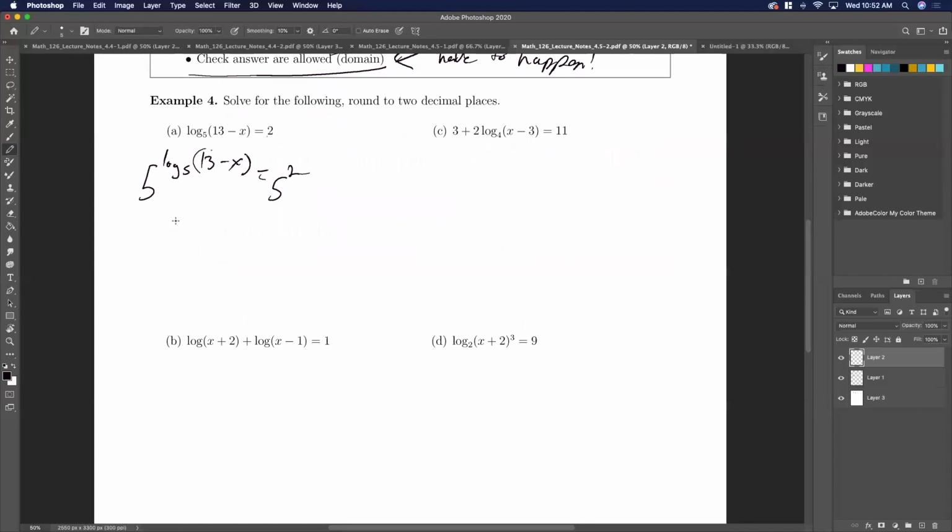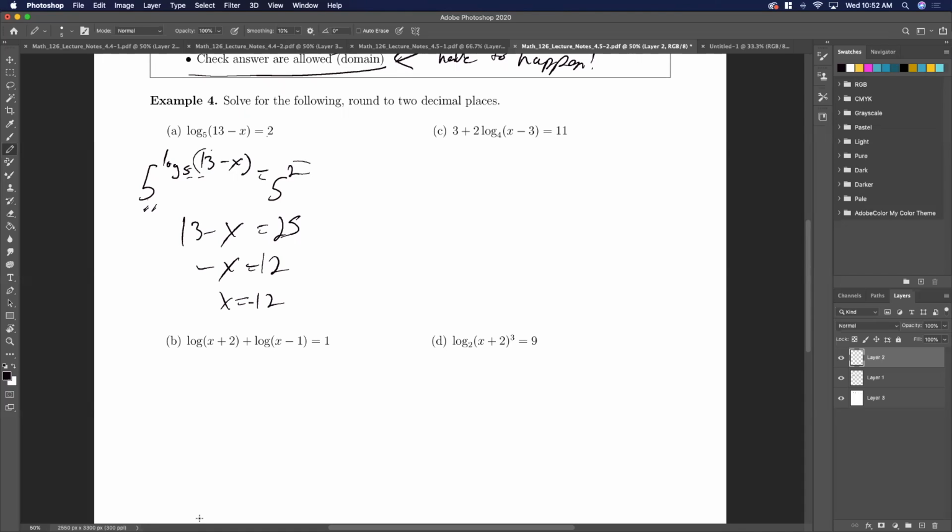So here I'm just exponentiating, all of this to one side, all of this to the other side. Once I do that, because of the rules of logs, these cancel, so I have 13 minus x. This becomes 25. So I get minus x equals 12, or x equals negative 12.